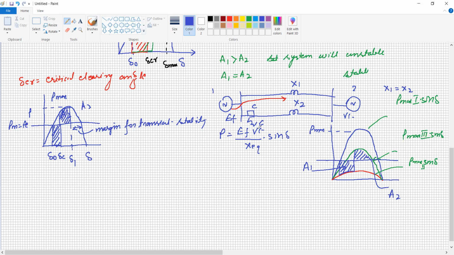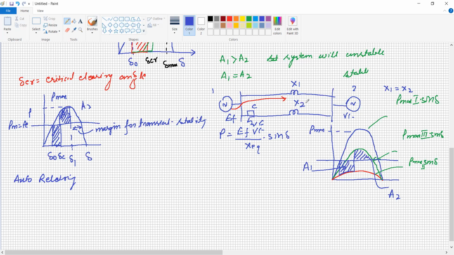We have installed an auto reclosing system. The meaning is that most of the faults on the transmission line are transient in nature. It may be because of some conductors touching, or it may be because of wind or a bird falling over there.